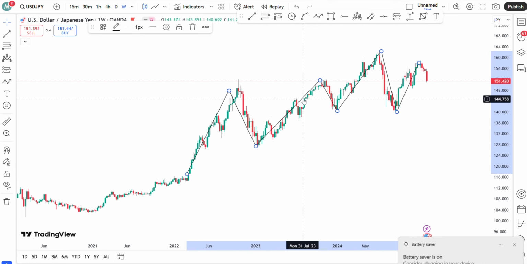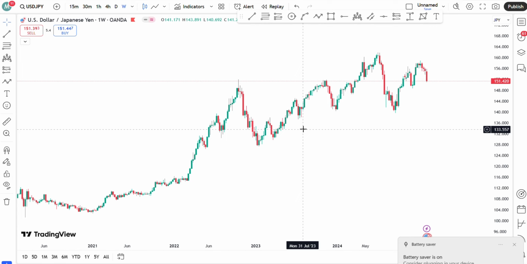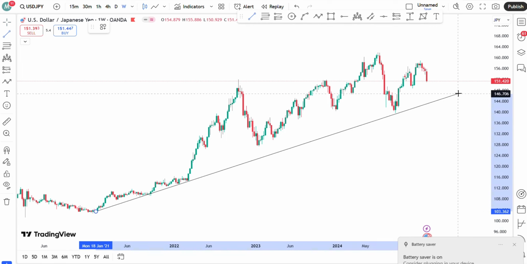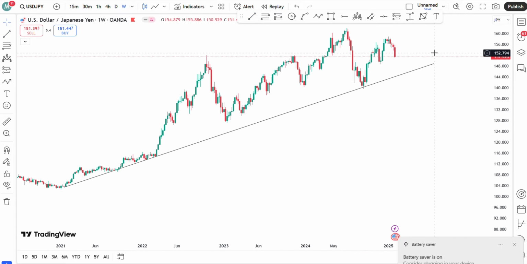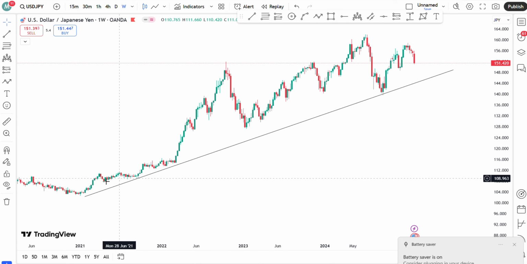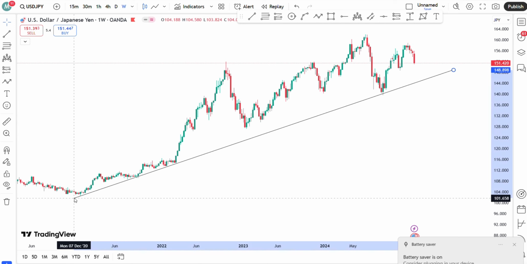One thing I can see is that we need to identify a trend. According to the weekly time frame, I'm seeing something big like this.